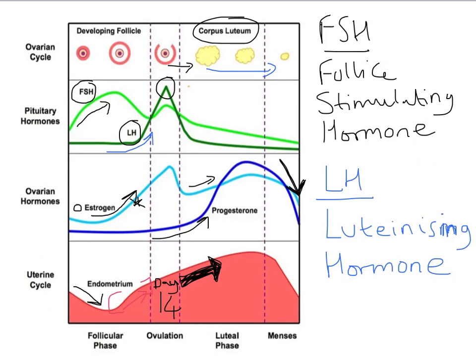Now, in the case where there is fertilisation, the placenta actually takes on the role that the corpus luteum did, and the placenta will continue to release estrogen and progesterone to maintain that uterus lining. But without the fertilised egg, the corpus luteum just degenerates, and the levels of estrogen and progesterone both fall.